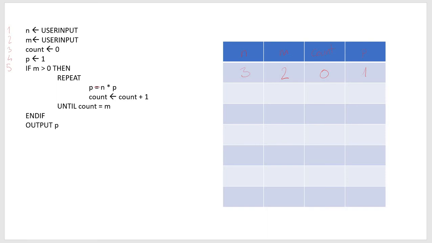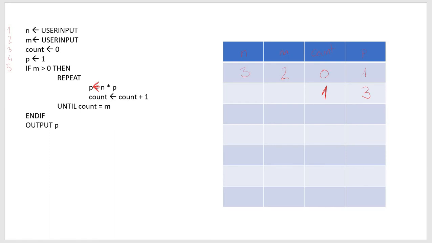So p is going to be assigned n times p, so n is 3, p is 1, so 3 times 1 is going to make the variable p into 3. Count is going to be assigned whatever count plus 1 is. So count is 0 and it's going to be 1 in the next row.